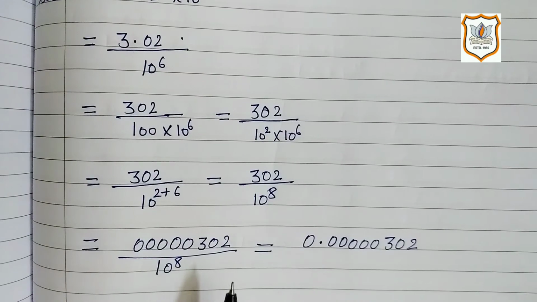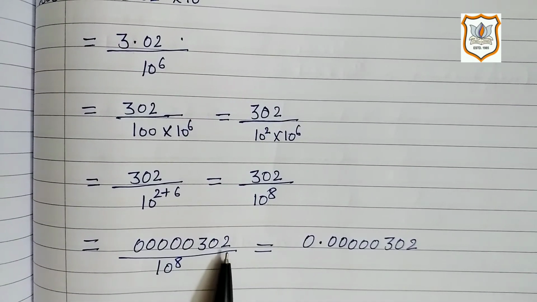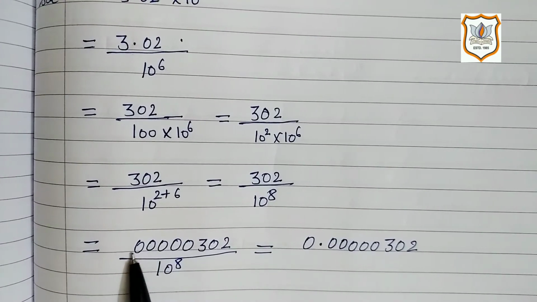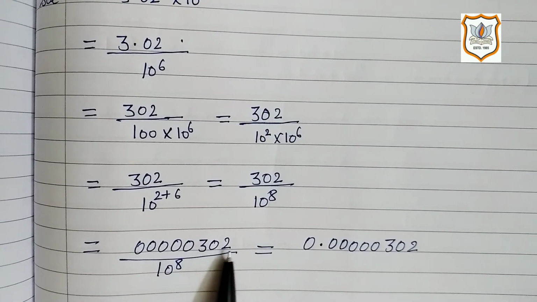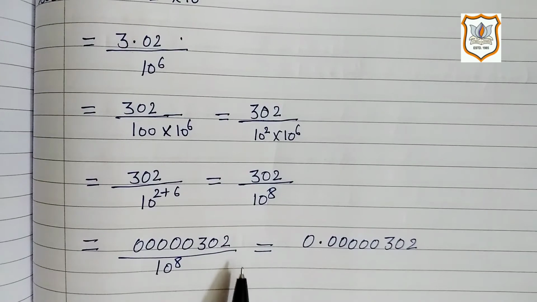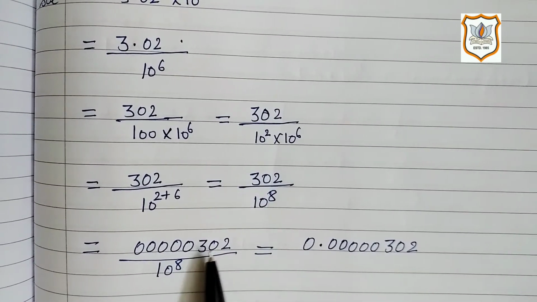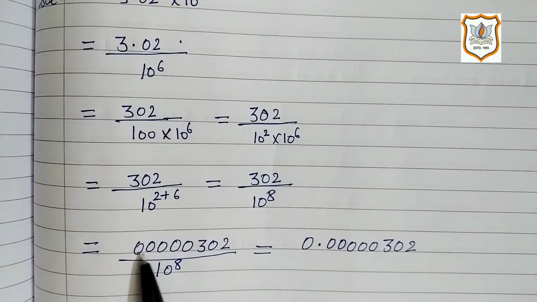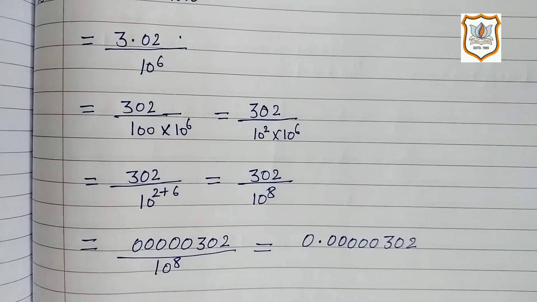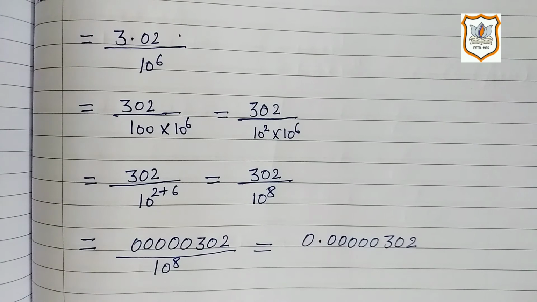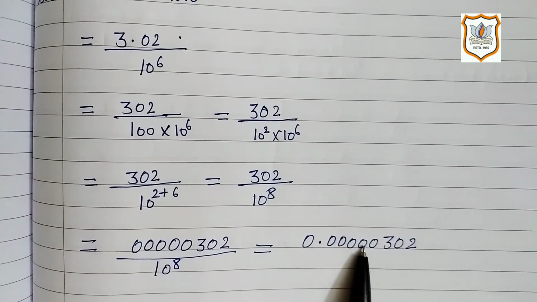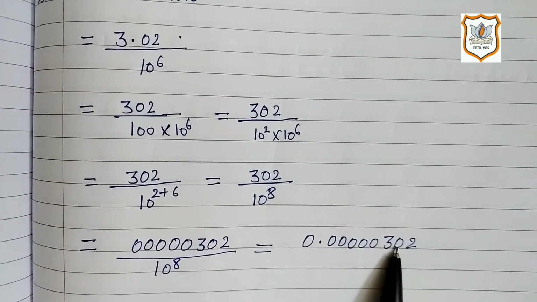We have to put the decimal point before 8 digits. So we write 00 before 302. Now 1, 2, 3, 4, 5, 6, 7, 8. 8 digits here. Now we will write 0.0000302.